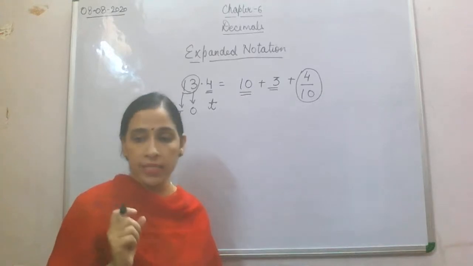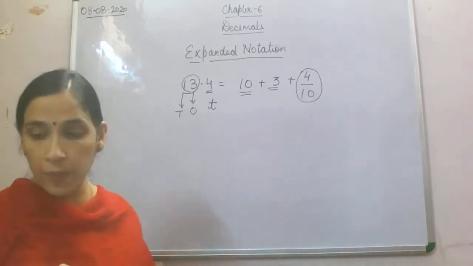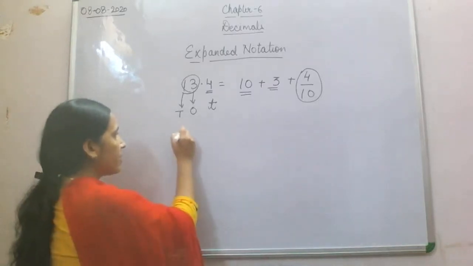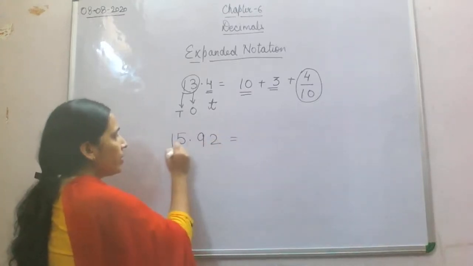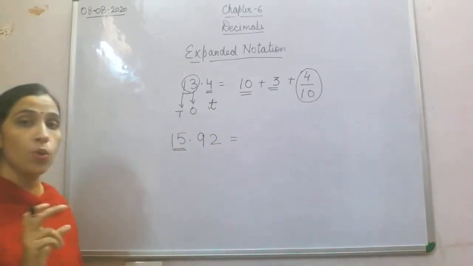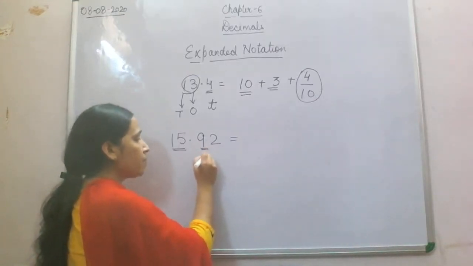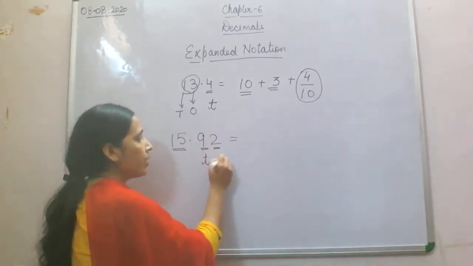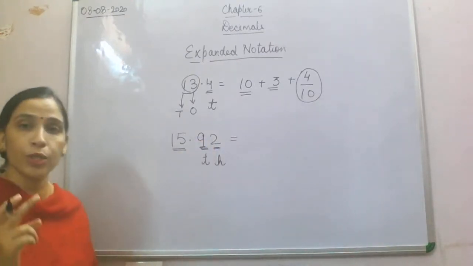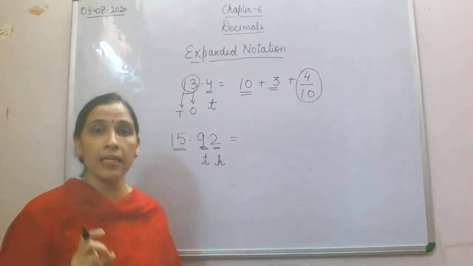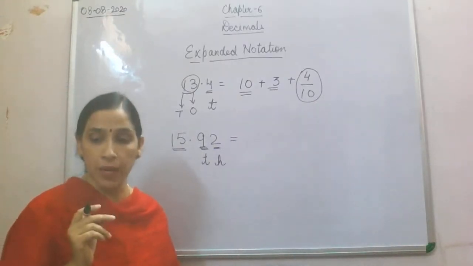Fine. Now let's take one example in which we have two decimal places. We have this example, 15.92. In this you can see 15 is a whole number, and 9 and 2 are the tenths place and the hundredths place. The number on the tenths place is divided by 10, and the number on the hundredths place is divided by 100.